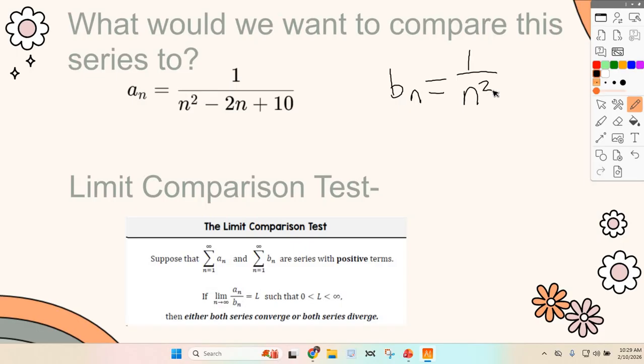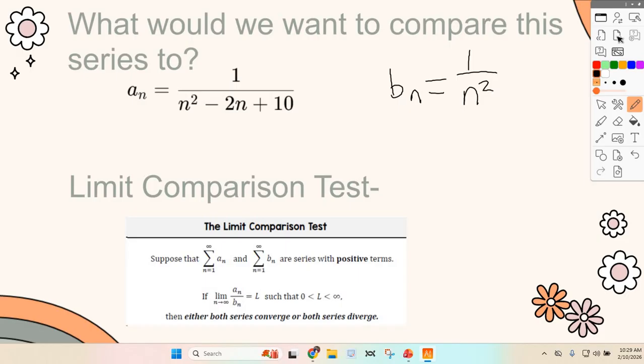But it's not going to give you a specific test to use. So there are some cases where there's only one test that we can use because of how the function or sequence is set up, right? There are others where you could use different ones. As long as you use one test or the other correctly, okay, you will still get the point for your work. Does that make sense?